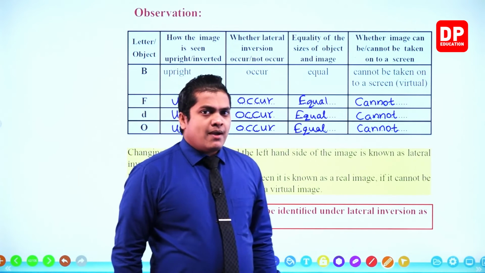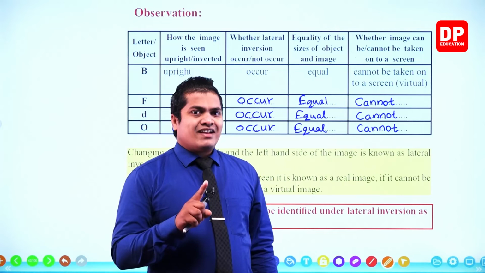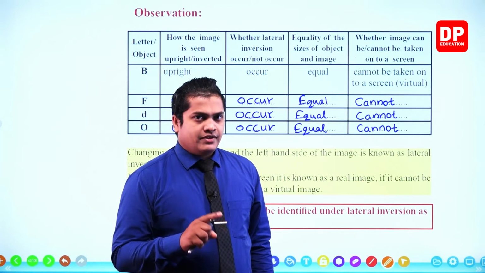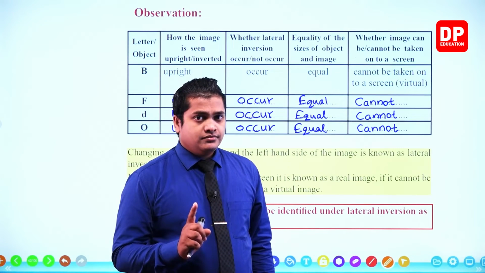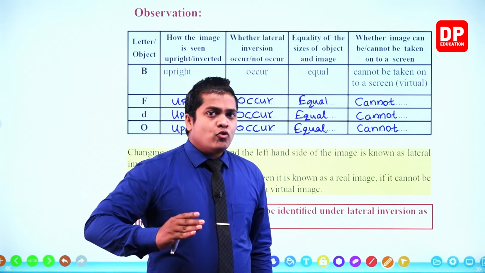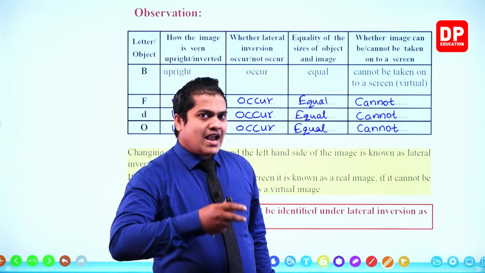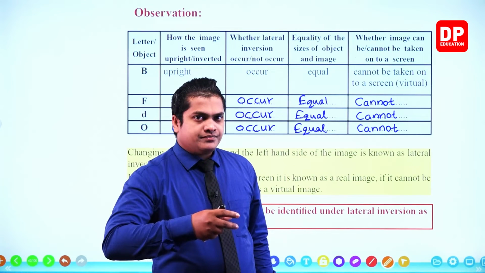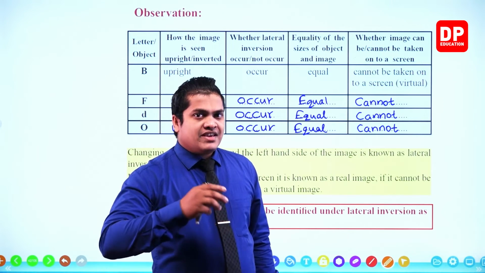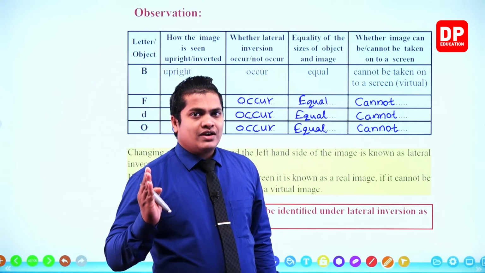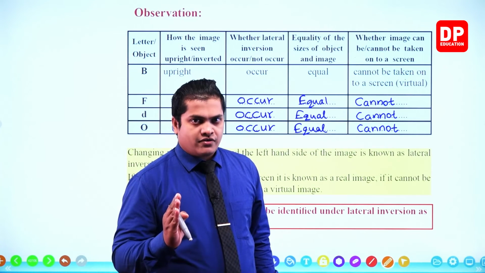Can you remember, we learned in grade 7 that with concave mirrors, when you place a candle in front of a concave mirror, we can get the image onto a different screen in front of the mirror.